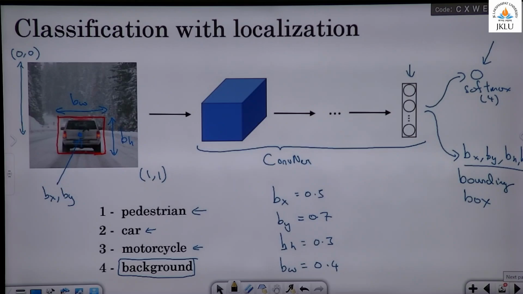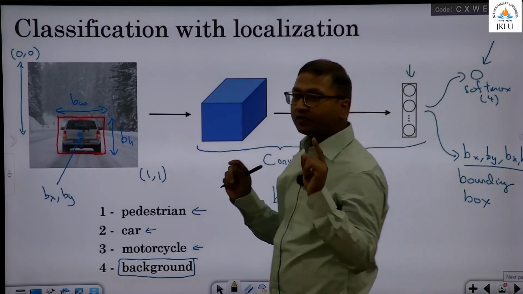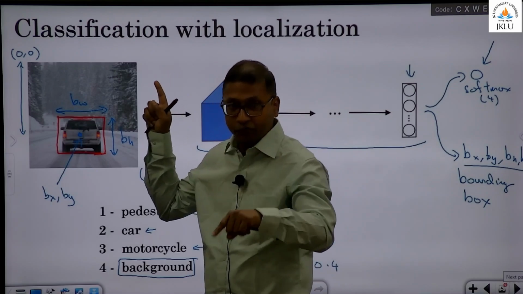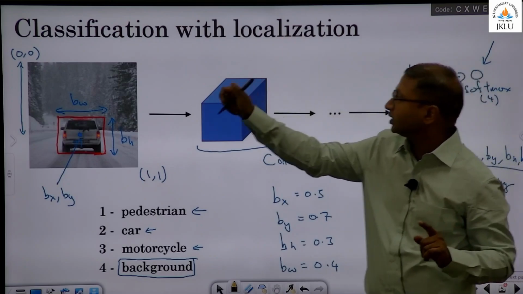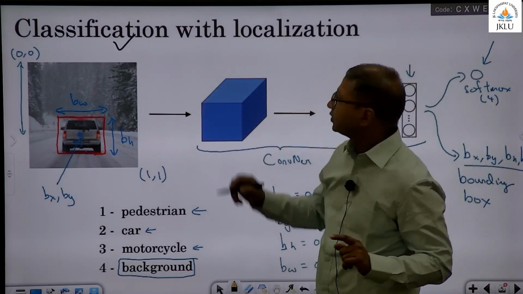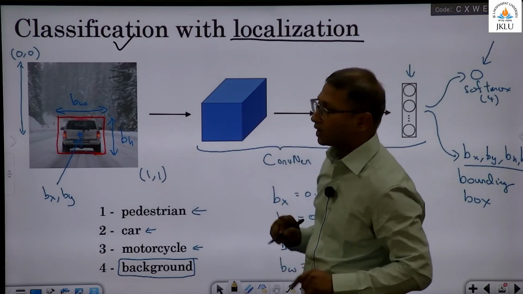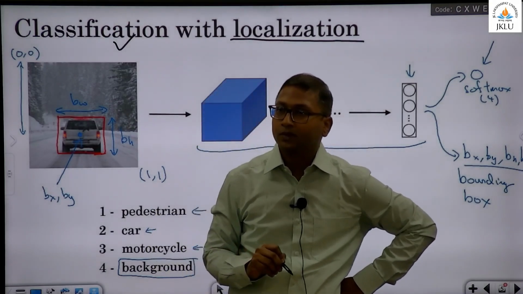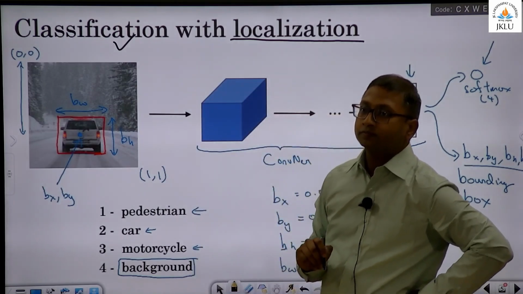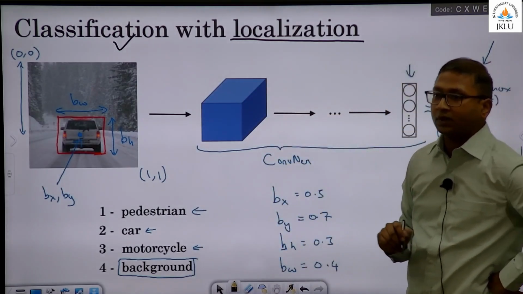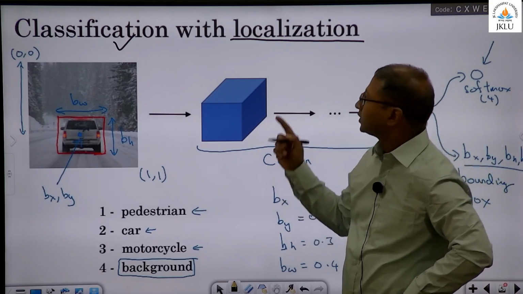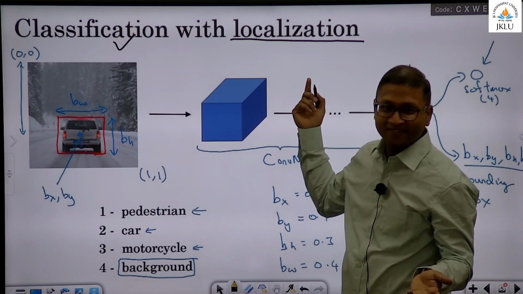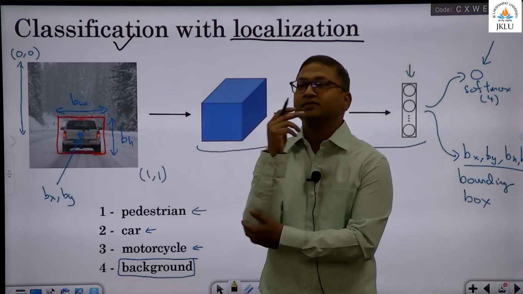Just classification you know how to do, right? But we also need to do classification plus localization. This problem you know how to solve. What about this one? How will you make a bounding box?